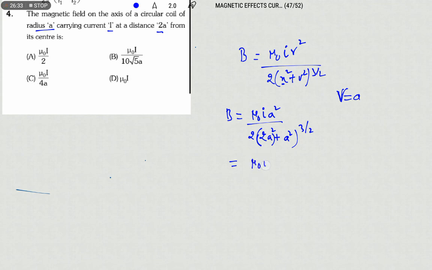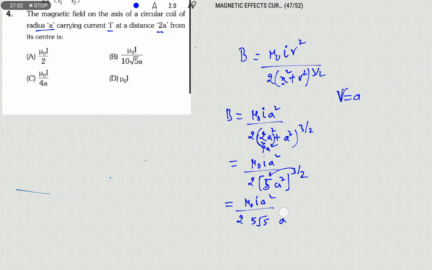So mu naught I A square by 2 times of 4A square plus A square, which is 5A square all to the power of 3 by 2. So we can write mu naught I A square by 2 times of 5 root 5. I am separating this power for 5 in the same way, A square all to the power of 3 by 2.